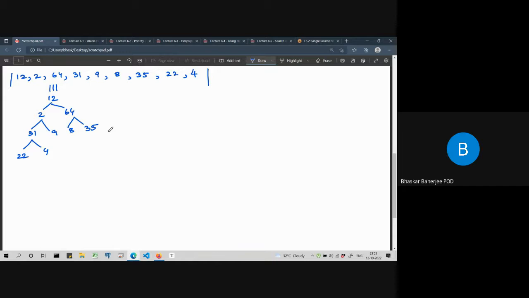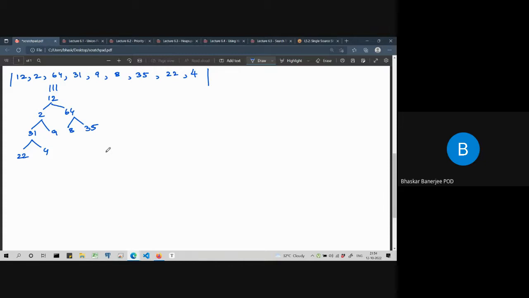Now, one point we discussed while we started with the how to make a heap concept is that we got the first non-leaf node from the bottom, right? That would be equal to n by 2 minus 1. Why? Because in a mostly complete binary tree, around half of the nodes would be internal nodes and half of the nodes would be leaf nodes. So if half of them are leaf nodes, the first non-leaf node would be n by 2 minus 1.